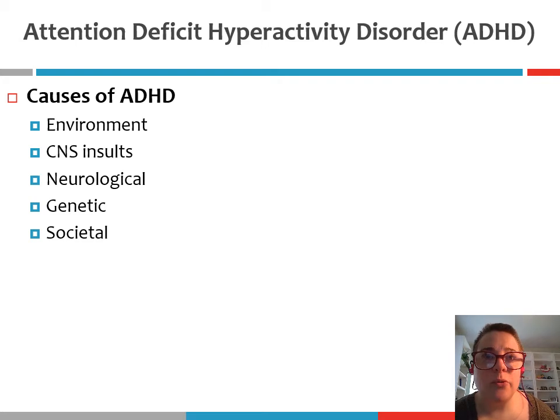One of the most compelling pieces of evidence that seems to support this societal view is the fact that worldwide, the youngest children in elementary school classes have been found more likely to be diagnosed with ADHD, right?